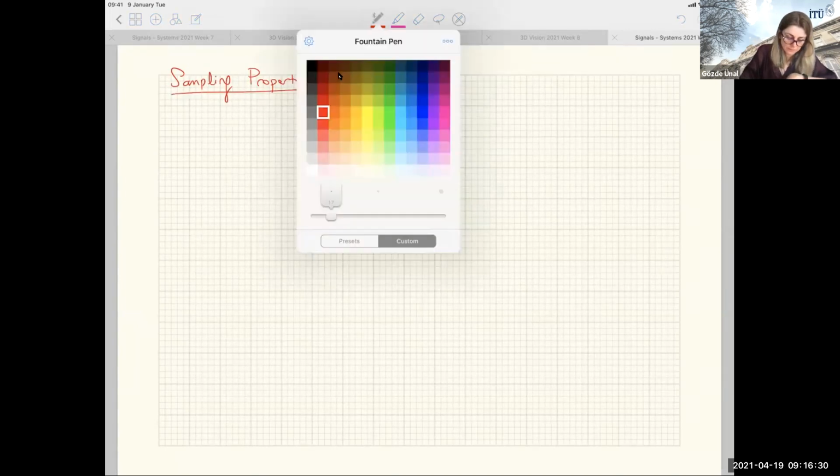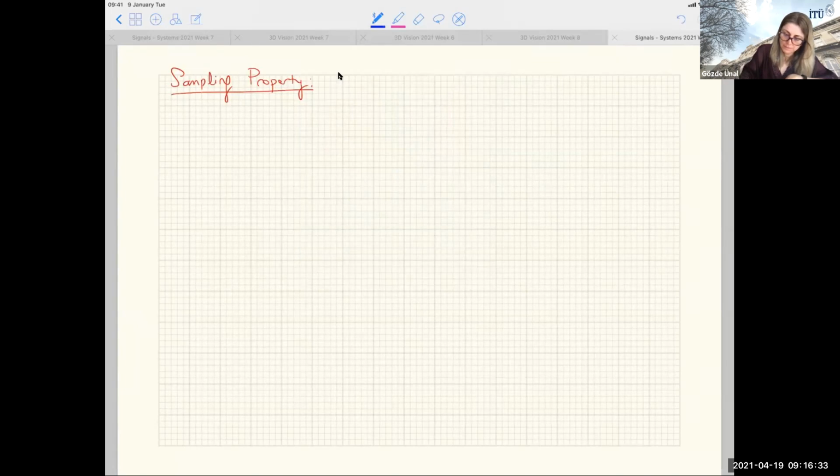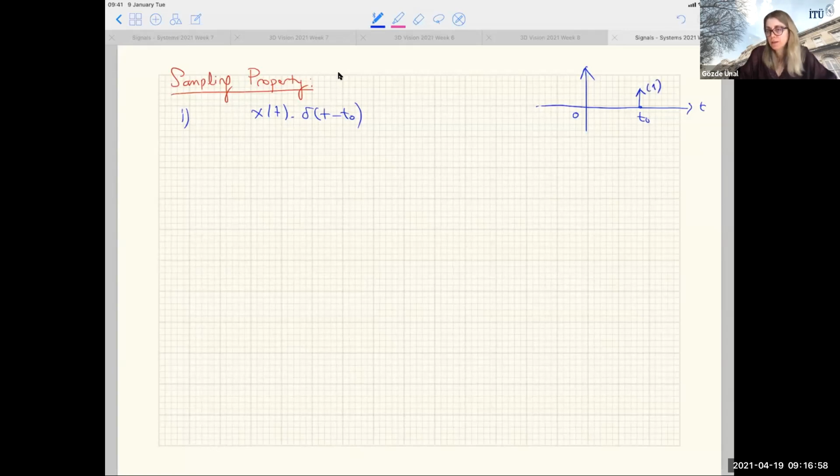x of t, let's say, times delta, this is the first one actually. By the way, I can shift delta, right? Like I did before. Now this guy would be, let's say it's 0, now go to t0, and the same idea, right? Its area is 1.